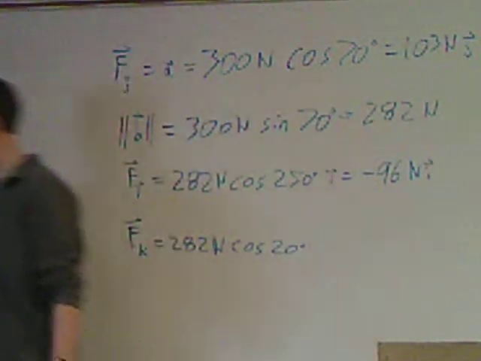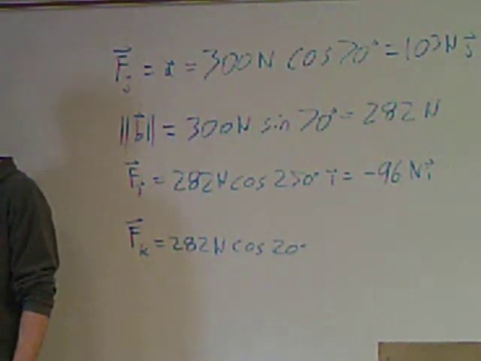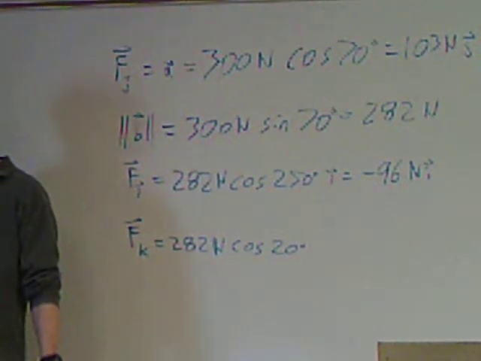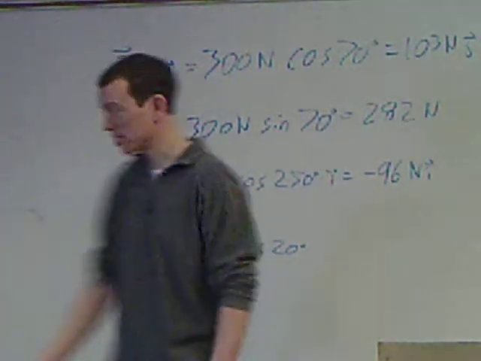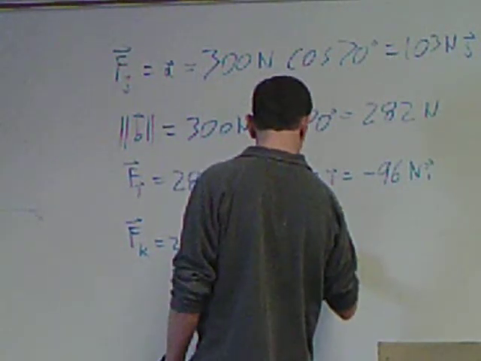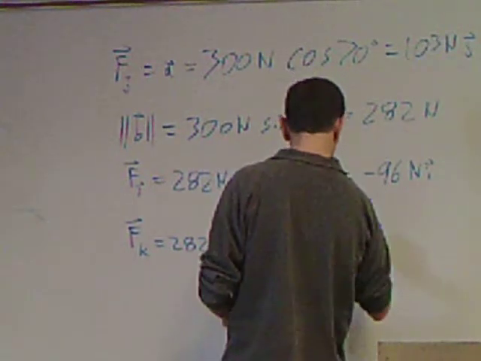It's like, okay, should be positive, and I think about, well, if this was 0, it would be 1. If it was 90 degrees, it would be 0. That's how you use cosine instead of sine. That's literally how I figured this one out. This is in the K direction, and so that equals 265.